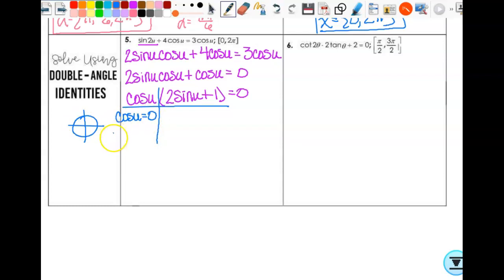So when does cosine equal 0? Pi halves and 3 pi halves. And then I get 2 sine u equals negative 1, so sine u equals negative 1/2.